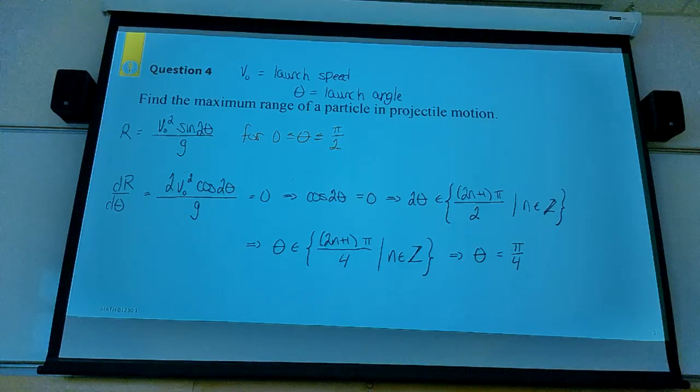So extreme values would occur at critical points, right? Critical points or endpoints. Is that guaranteed to be a maximum? All right. It could be a minimum.